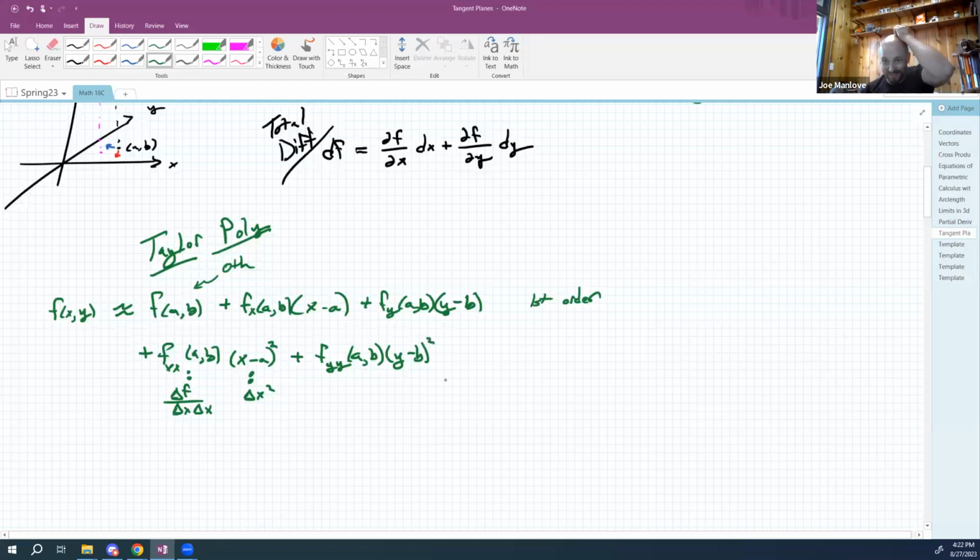And then this is the hard bit. There's an fxy at a and b. We'd multiply that one by x minus a times y minus b. It'd get both runs. Then we'd add here an fyx at a and b and multiply by x minus a times y minus b again.